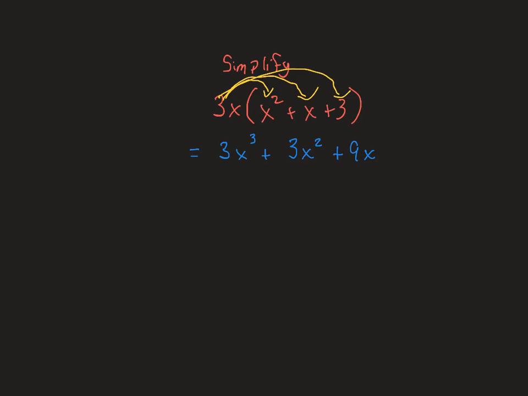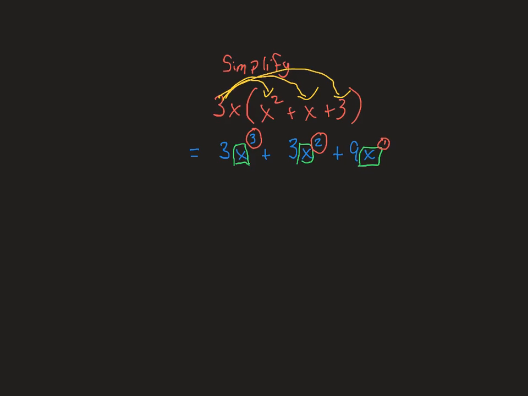So when I look at these three terms, you would normally have to simplify here and bring your like terms together, called collecting like terms. But when I look at it here, I have an x, an x, and an x. But I have a cubed there, a squared there, and nothing here, which would mean it will be a 1.